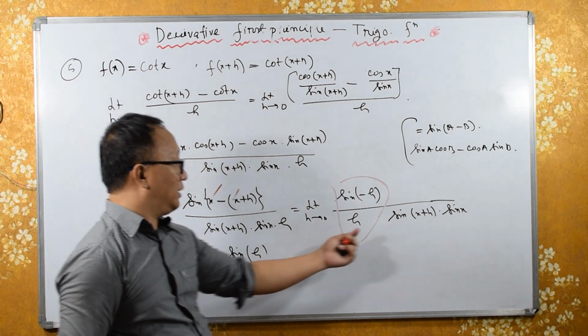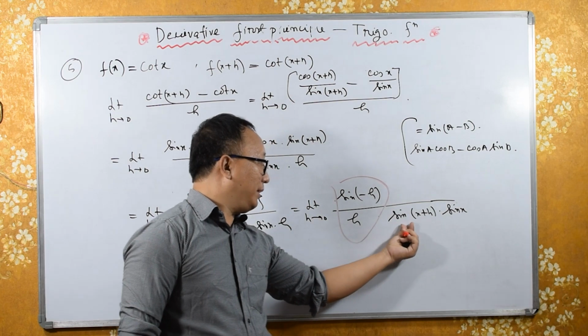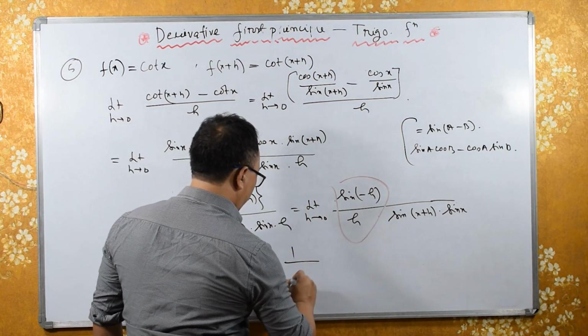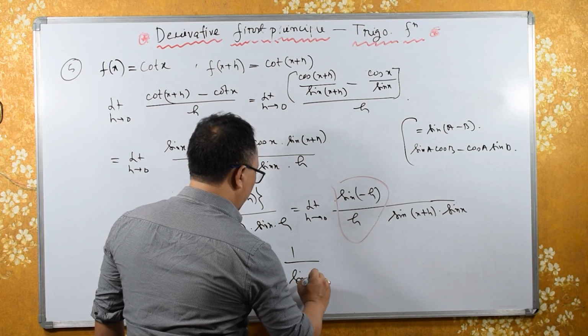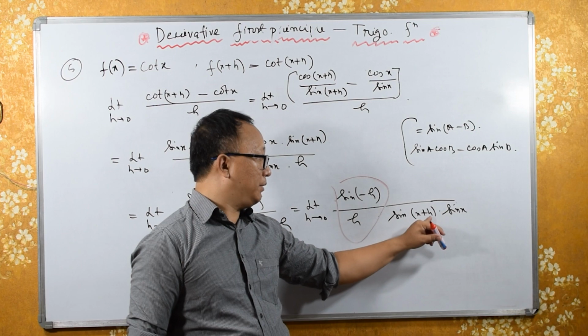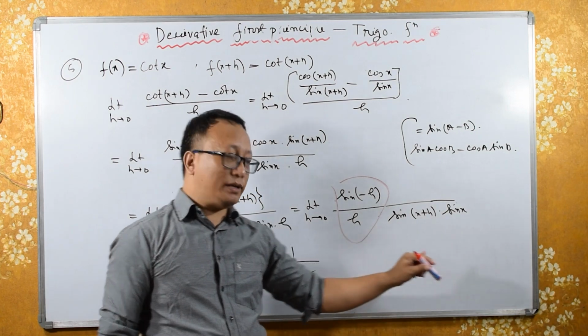When h tends to 0, this becomes 0. So what we have? Sine x into sine x, which is sine square x. When h tends to 0, this becomes sine x into sine x, which is sine square x.